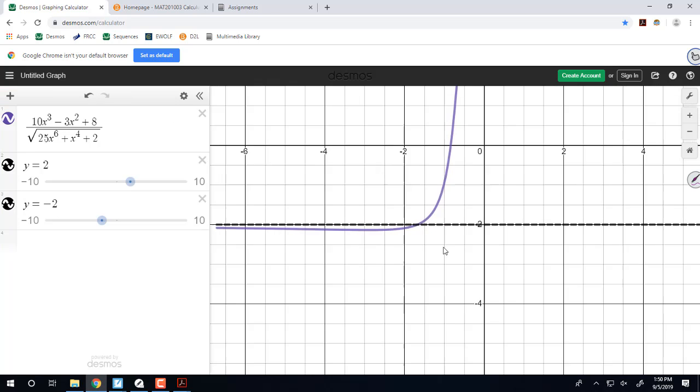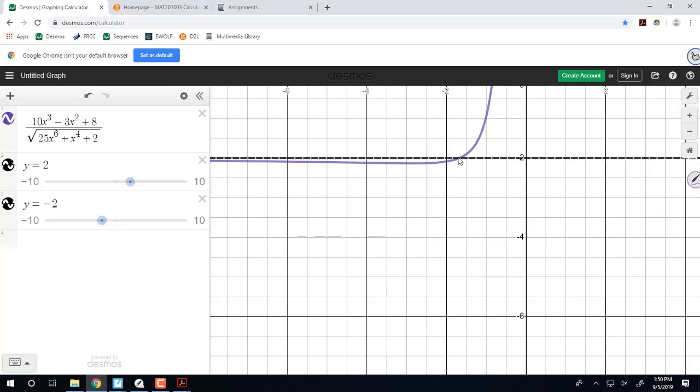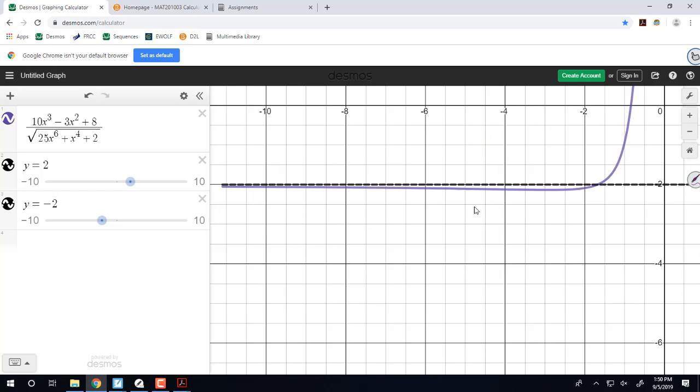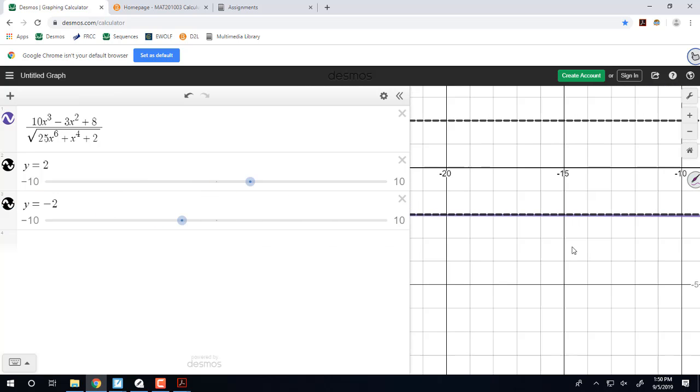See that here? Again, we have a dip below the horizontal asymptote, but notice the behavior as we get further and further out.